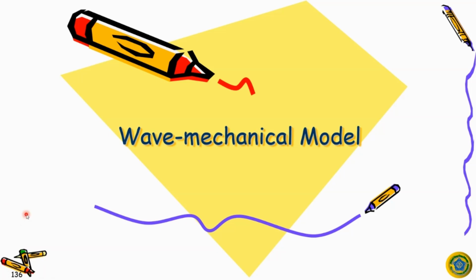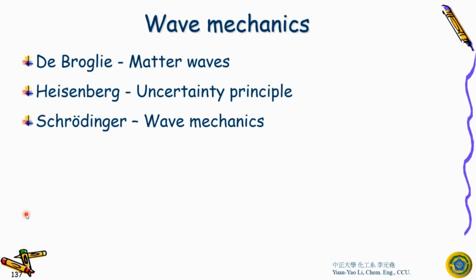Okay, now let's talk about the wave mechanical model. There are three stories we want to talk about in the wave mechanical model. The first one is De Broglie, matter waves. When we think of light, the photon, we regard photon as a wave, but can matter be a wave?